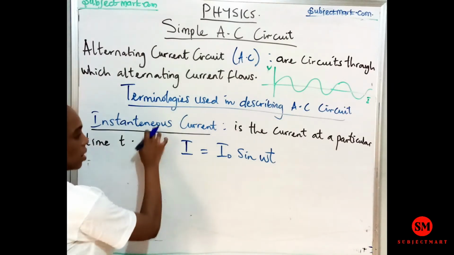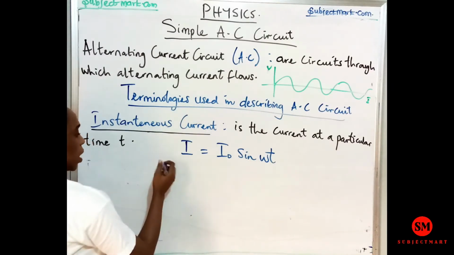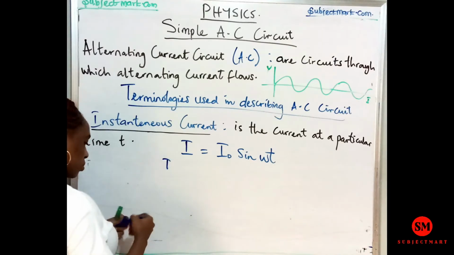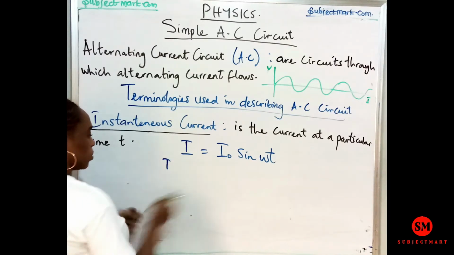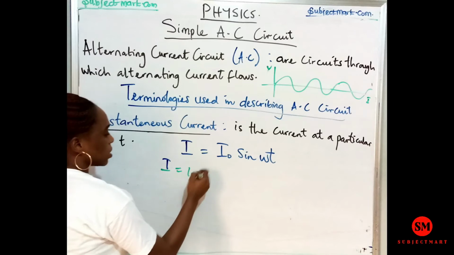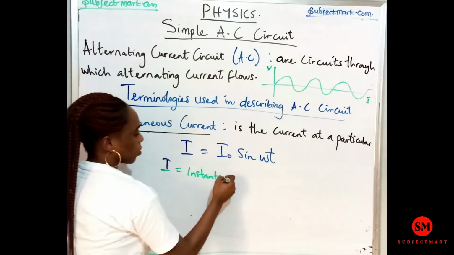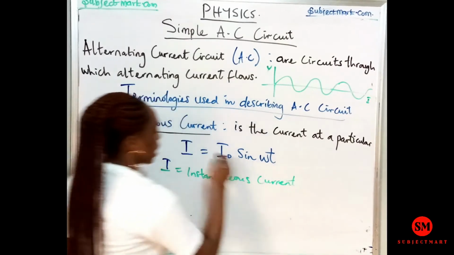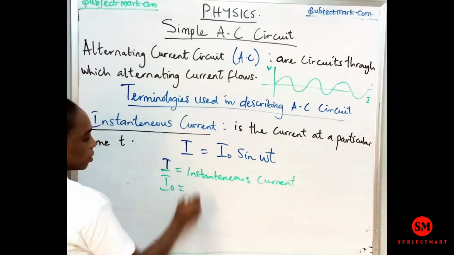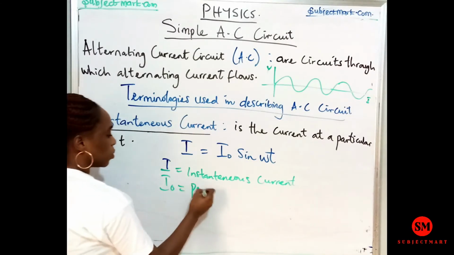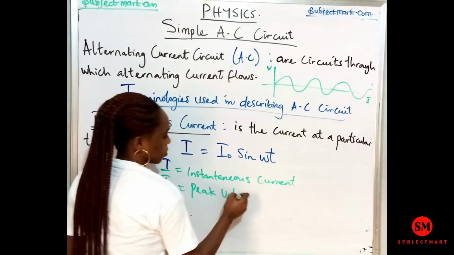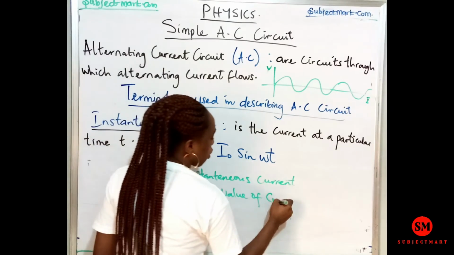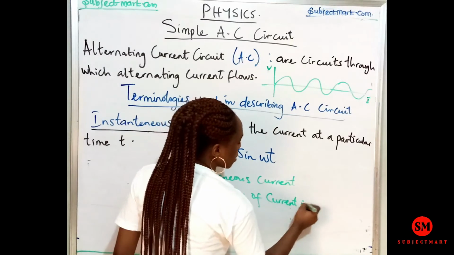I here is the instantaneous current. I naught is the peak value of the current in an AC circuit.